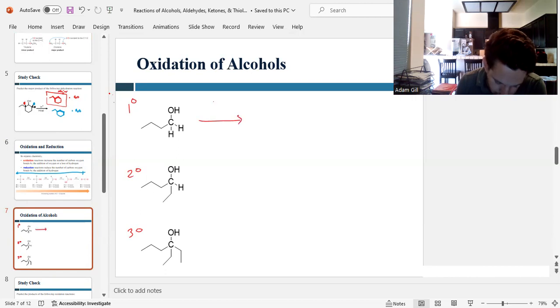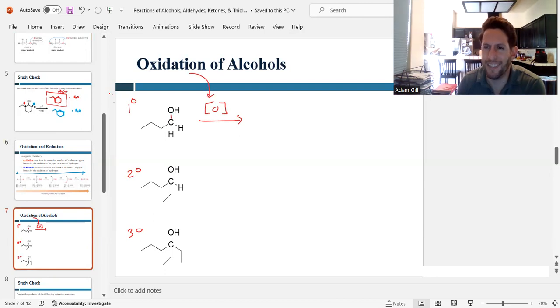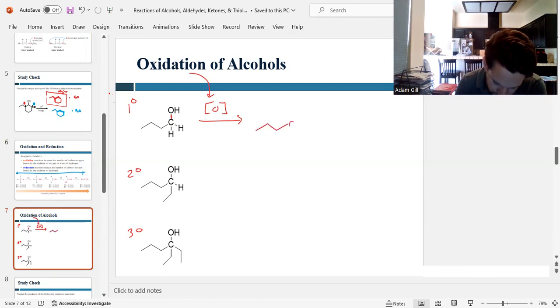So the symbol for oxidation is brackets with an O. That means oxidation. And currently, this carbon only has one bond to oxygen. So if we oxidize it, it's going to end up with two bonds to oxygen. Everything else stays the same.